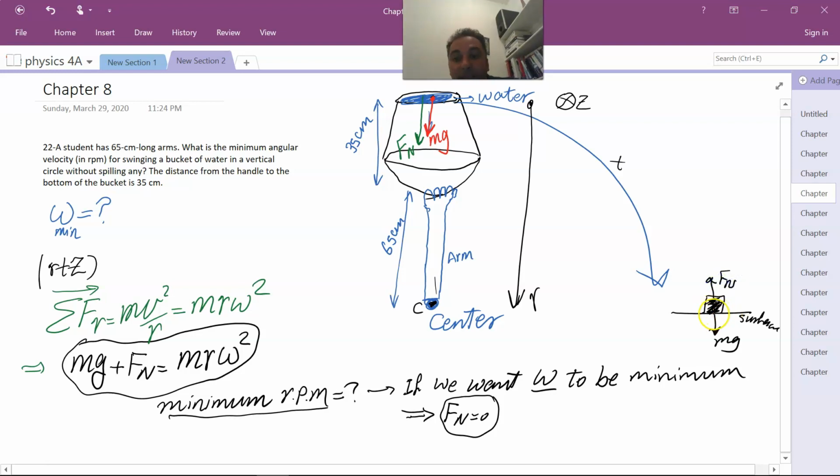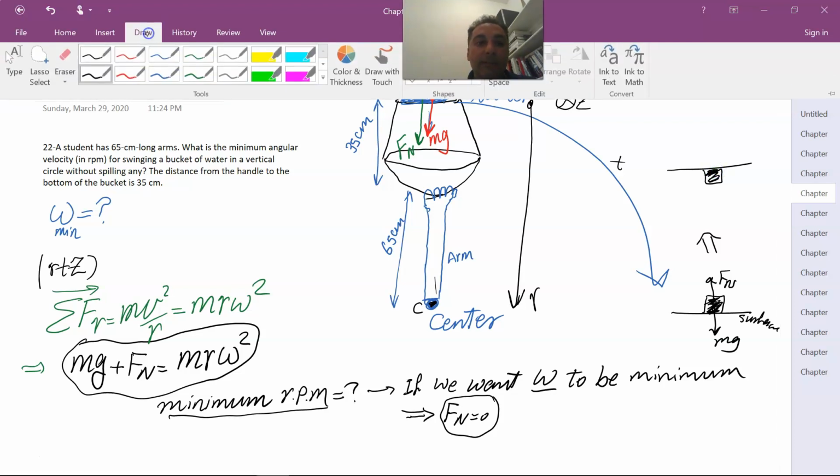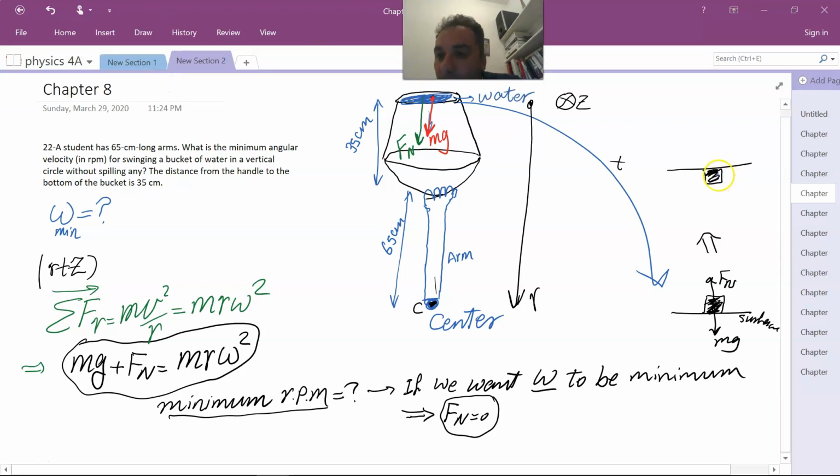Here, Fn is upward, mg is down. What if, pay attention here, what if I have a surface like this and an object like this? What do I have at this time? Of course I have mg down, and of course I have Fn, because Fn is the force from the surface on the object. That's why Fn is down.